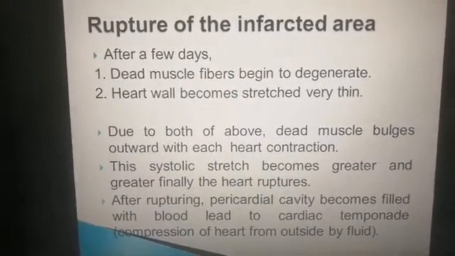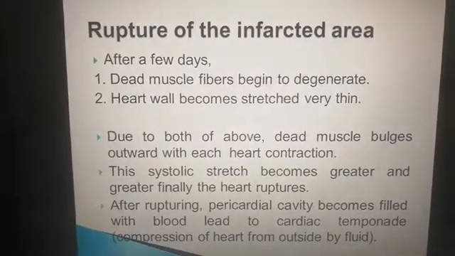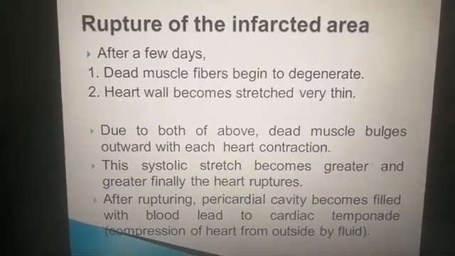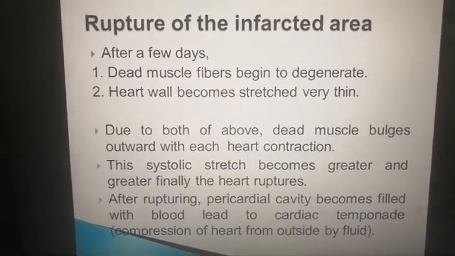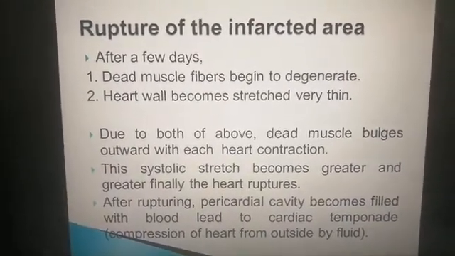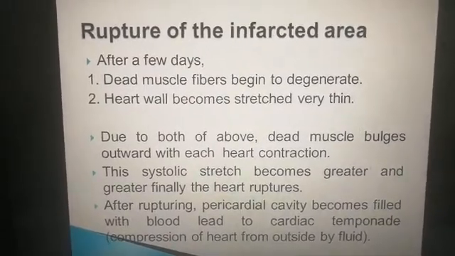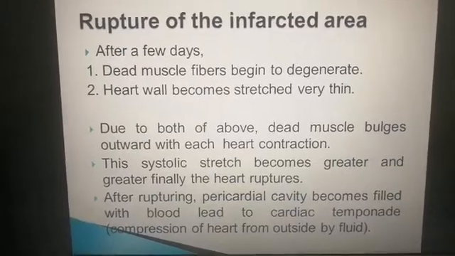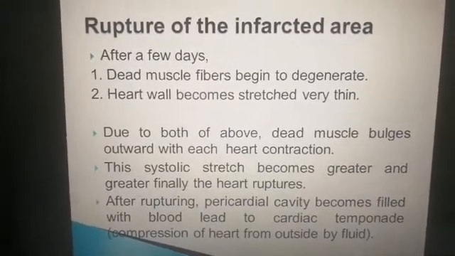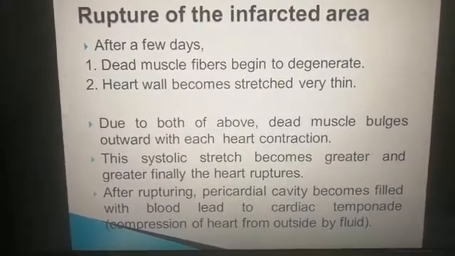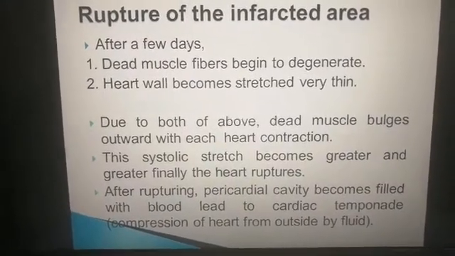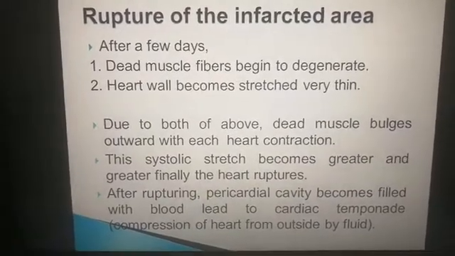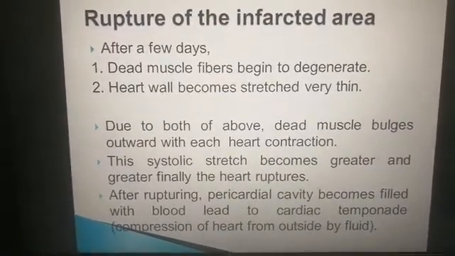Due to rupturing of the heart, the pericardial cavity becomes filled with blood, and there is pressure on the heart from outside by the fluid present in the pericardial cavity. This condition is called cardiac tamponade, compression of the heart from outside by fluid, and this fluid is due to rupturing of the heart. So this cardiac tamponade is very important. We remember cardiac tamponade.